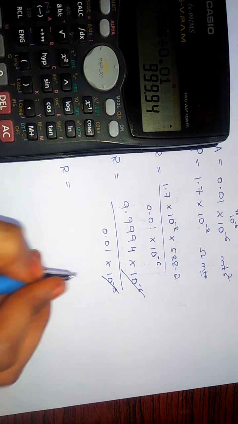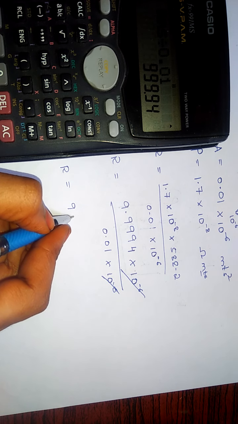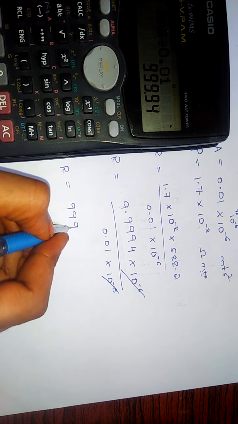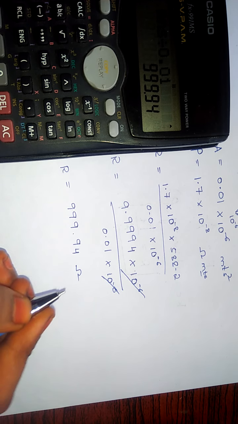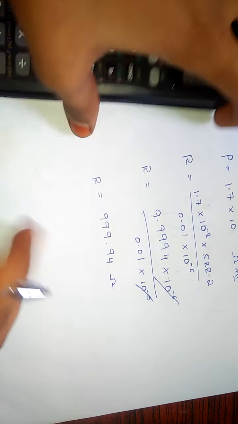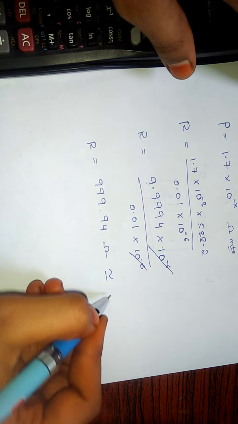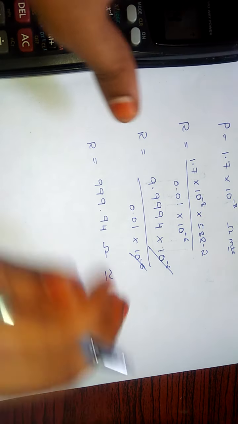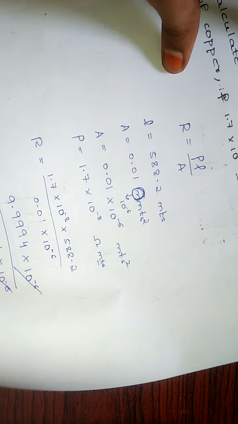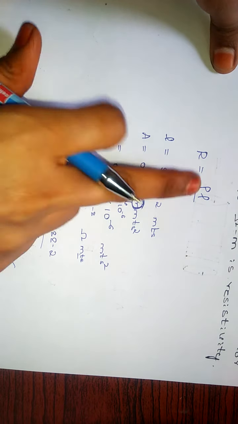Finally, the resistance of this copper wire is 999.94 ohms, which is nearly 1 kilo ohm, right?